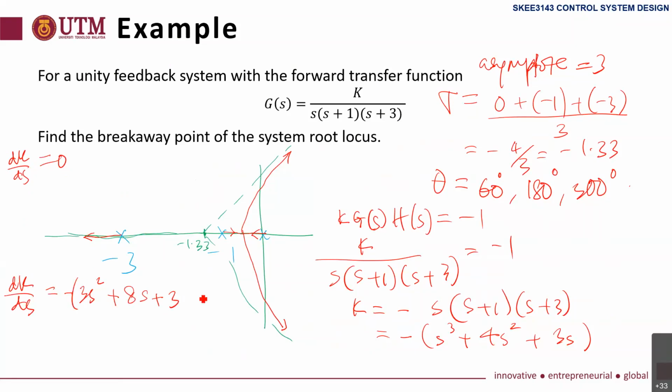We equate to 0. That means we need to solve this equation equal to 0. If you solve, you can use your calculator because this is second order. You will get two values of S: minus 0.45 and minus 2.22.